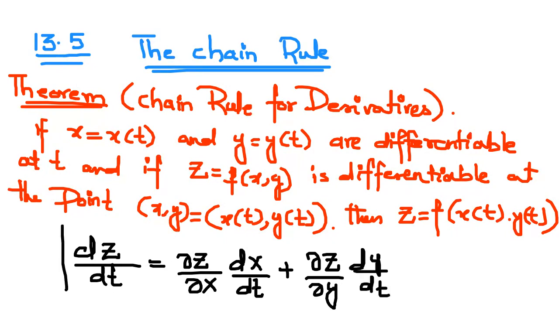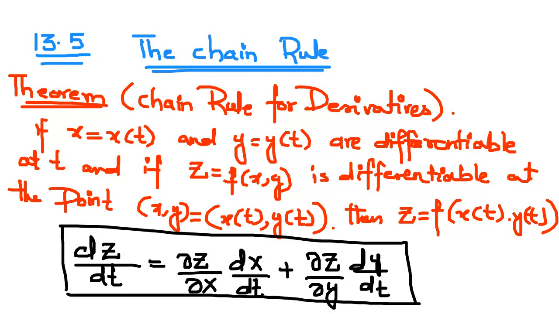So this is the formula for finding the derivative by using the chain rule. And this formula you can only apply when you have a function with two variables.